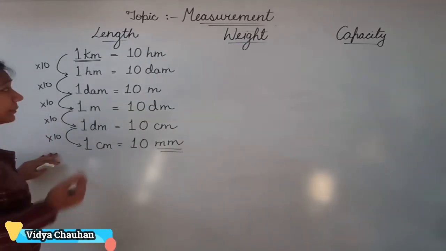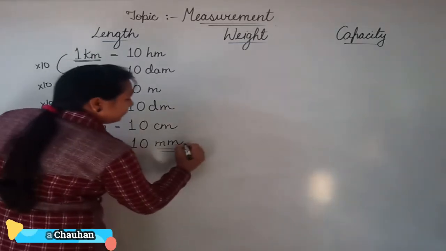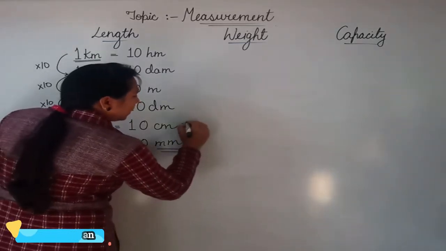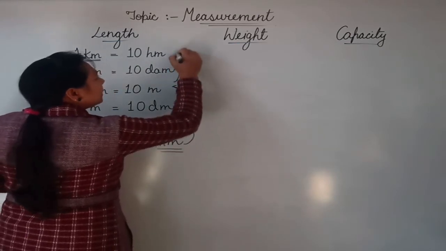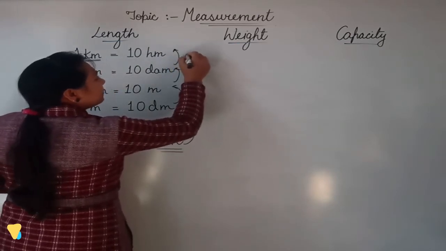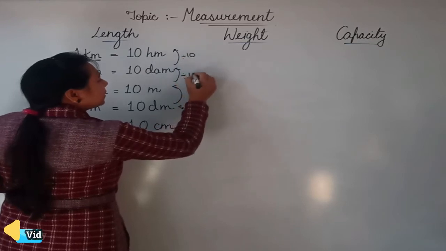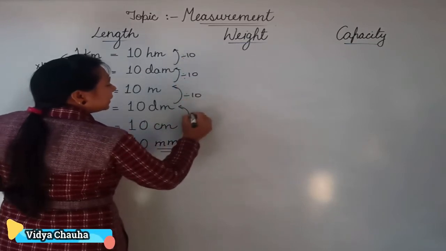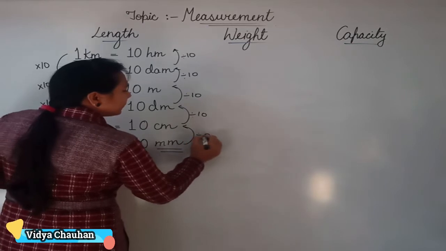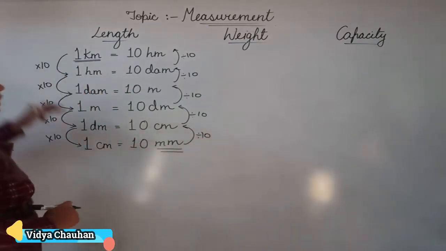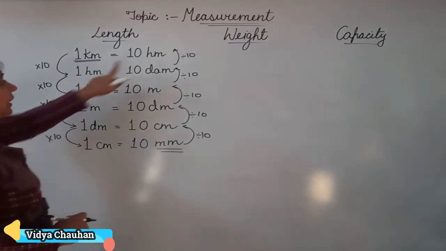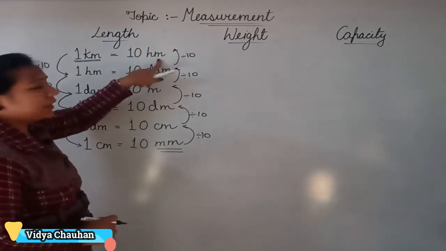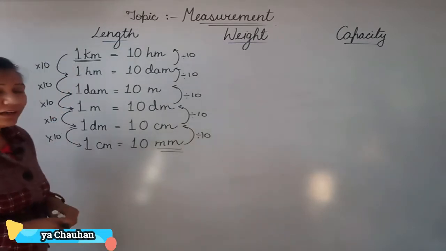In reverse, if we are converting a smaller unit to a bigger unit, every time we divide by 10. Clear, students? Bigger to smaller, multiply by 10. Smaller to bigger, divide by 10.